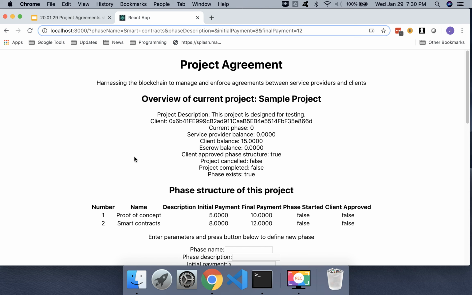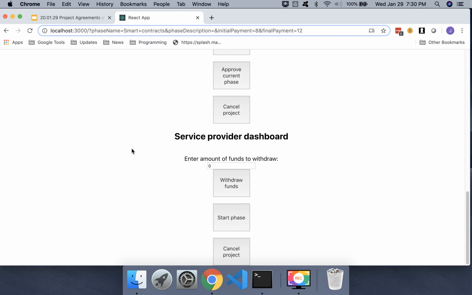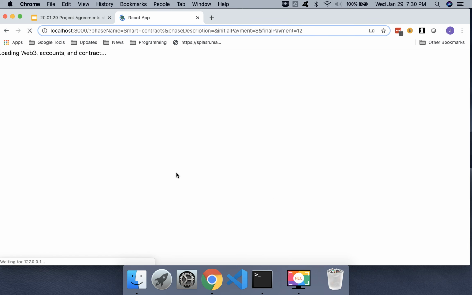It's not accessible by the service provider at this point. So the client made its deposit. Now it's the service provider's turn to start work on this phase. So the service provider starts phase one, and let's update.